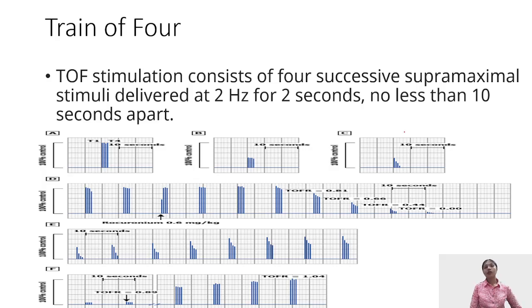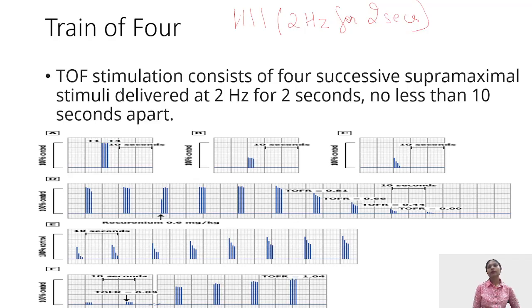Train of 4, which is one of the most important. The train of 4, as the name suggests, consists of 1, 2, 3 and 4 supramaximal stimuli delivered successively at a frequency of 2 Hertz for 2 seconds.